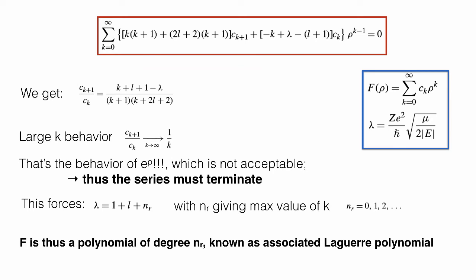Okay? So in other words, what we just found is that we can find a solution of the radial Schrödinger equation, so long as f is a polynomial of degree n_r. In fact, this is a polynomial which is known as the associated Laguerre polynomial that you can actually find in tables, and online you can find the plots of them fairly easily.